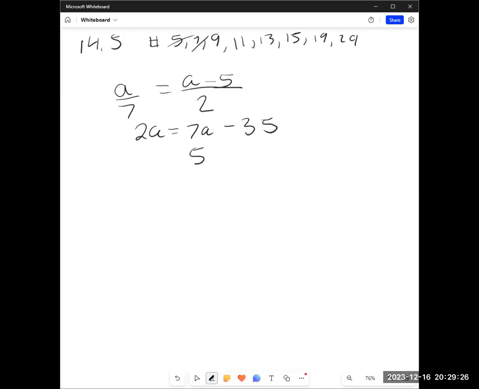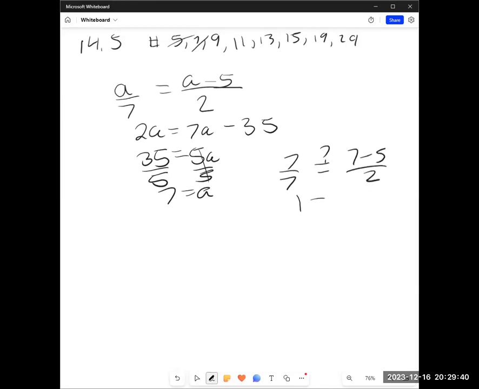So 5a is equal to 35, and a is equal to 7. Let's check that out. 1 is equal to 1. So a is equal to 7.